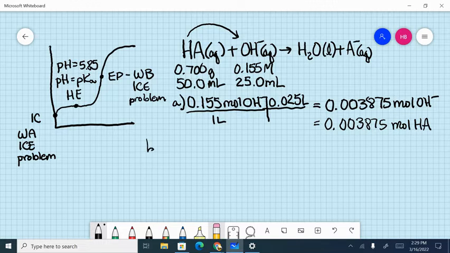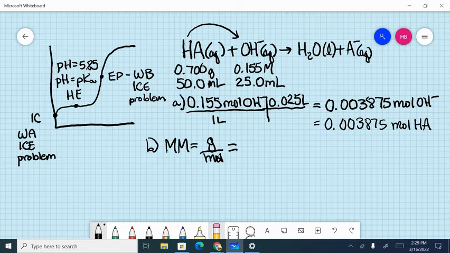B says, calculate the molar mass of the acid HA. So molar mass, we have to remember, is how many grams there are in a mole.